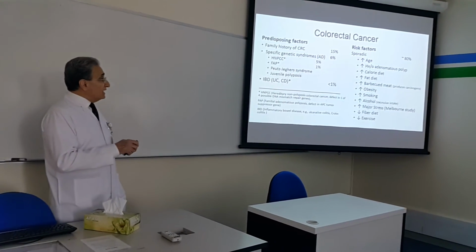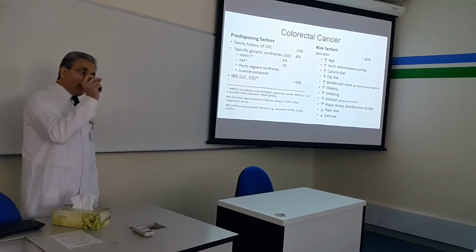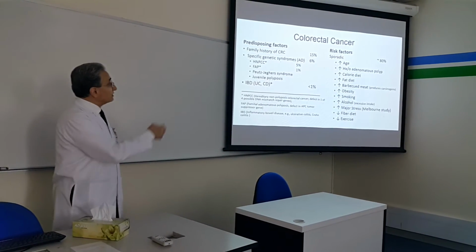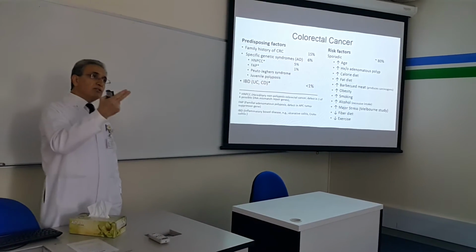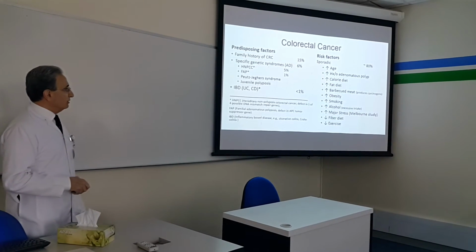They found that excessive or major stress by itself, as a single isolated factor, also carries a high risk of development of colorectal cancer. And this is according to the study done in Melbourne.